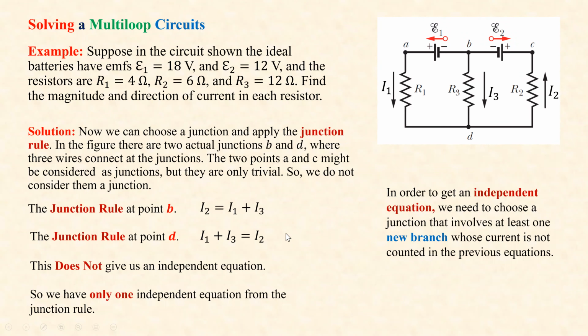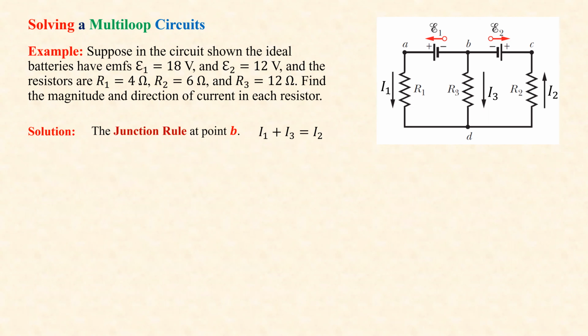We can only use a new junction if there is a new current branch that is not included in the previous one. All right, does it make sense? So now we have only one junction rule, that is I1 plus I3 equal to I2. That's all we get from junction rule.